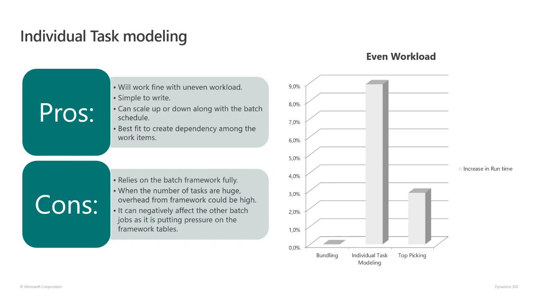It can scale up and down along with the batch schedule and is best fit to create dependency among the work items. The graph on the right shows you that individual task modeling is adding quite some increase in runtime for even workload with a large number of entities that are processed and hitting the batch framework.